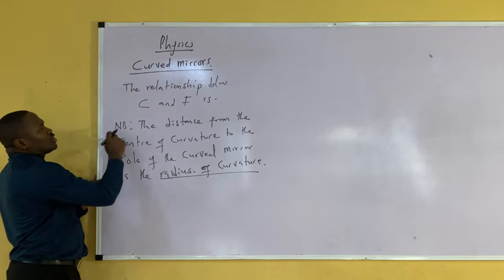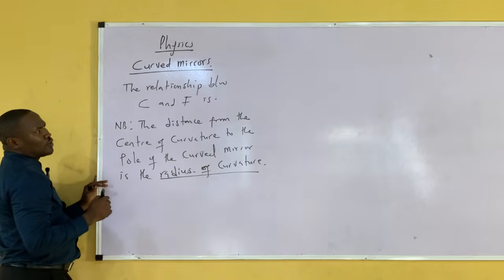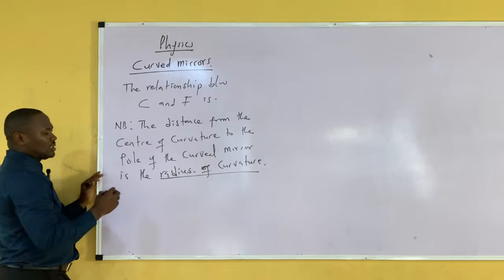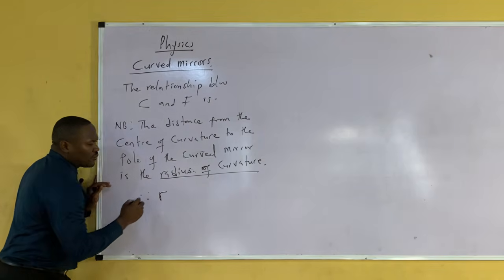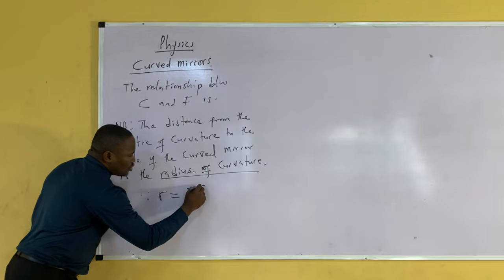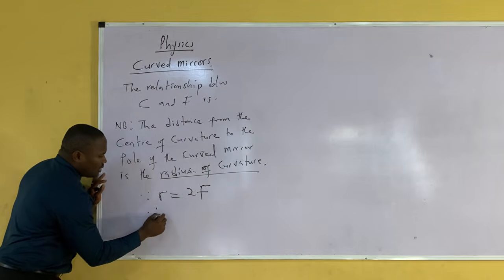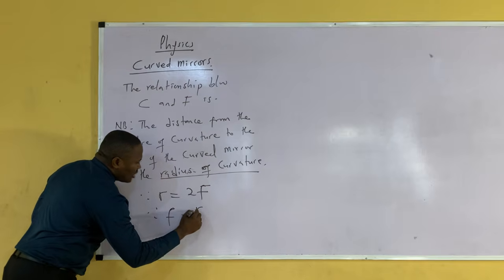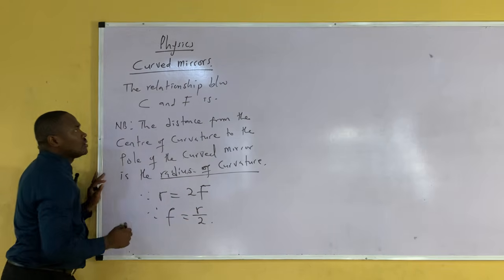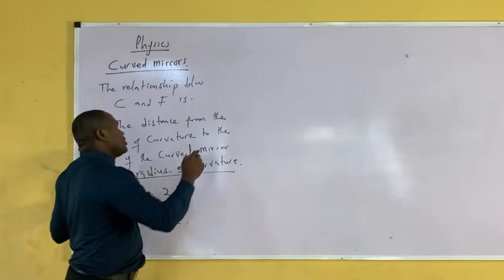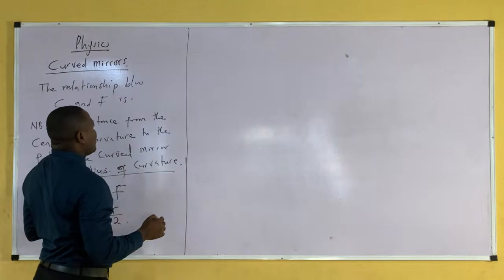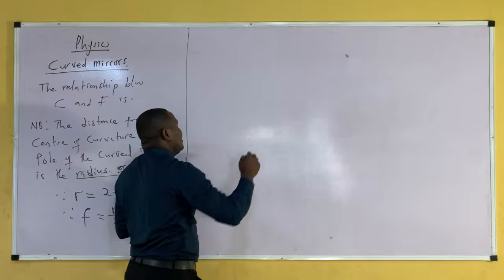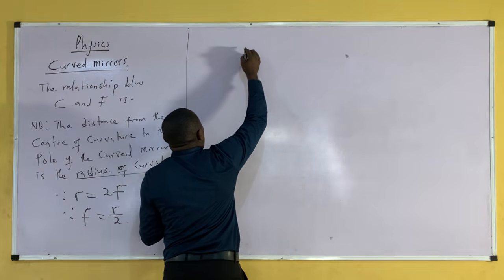Now, what's the relationship between the radius of curvature and the focal length? Therefore, focal length equals radius of curvature divided by 2. Take note of that.